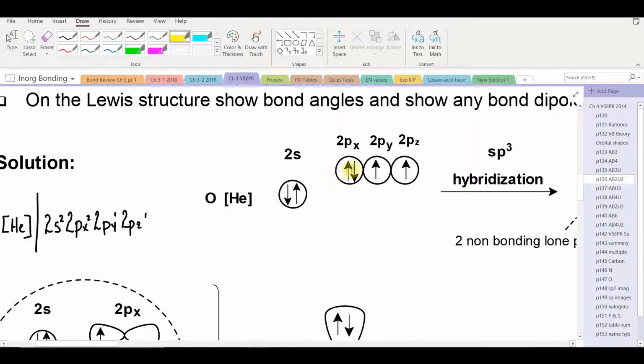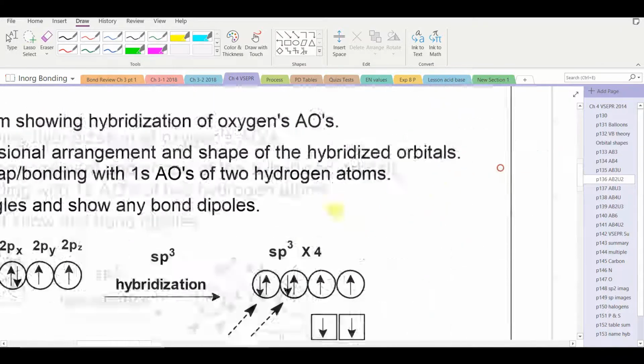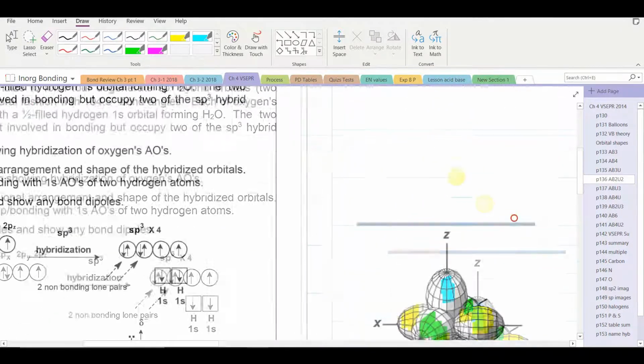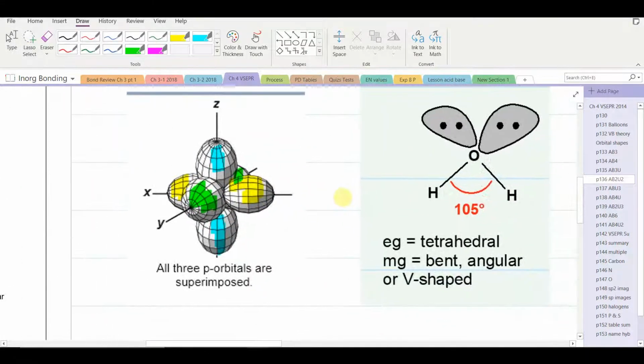2s2, 2px2, 2py1, 2pz1. And again we say, well, why do we need to invoke hybridization? Can't hydrogen 2 atomic orbitals simply overlap with the 2py1 and the 2pz1? Well, they could, except for the shape issue. Take a look again at the shape of p orbitals.